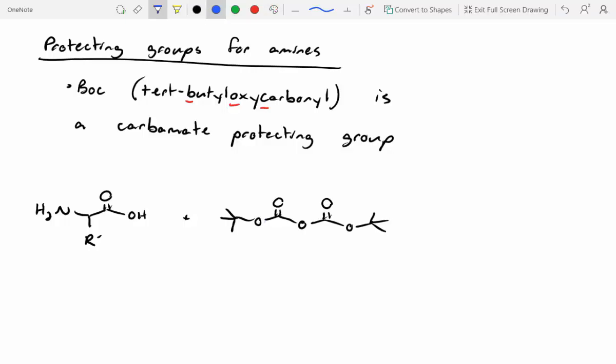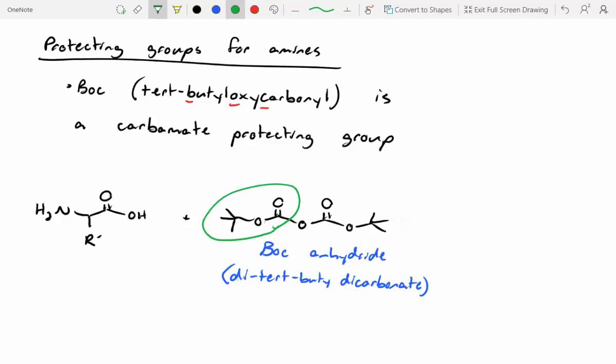This is referred to as BOC anhydride, or if you want to go into the full IUPAC naming, it's di-tert-butyl dicarbonate. And you can imagine this is going to react like a normal anhydride, and you'll be able to install this whole portion, which is really just a BOC group over here. So let's take a look at the product that we'll get out.